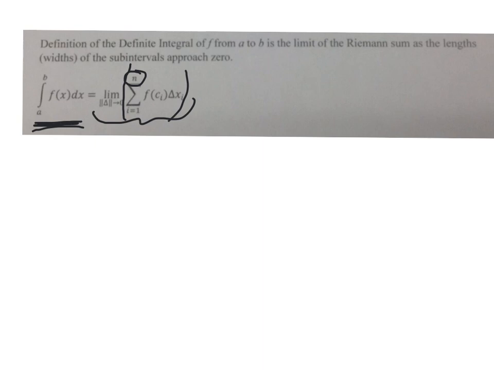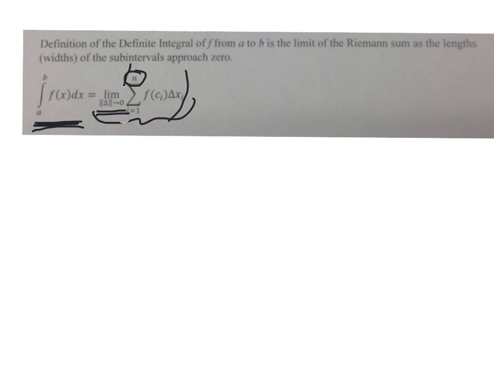Now, unfortunately, in the definition, we don't have n approaching infinity as our limit. We have this nice little notation, the mesh approaching 0. Well, if the mesh is approaching 0, the largest of all those widths approaching 0, what does that do to the number of rectangles?